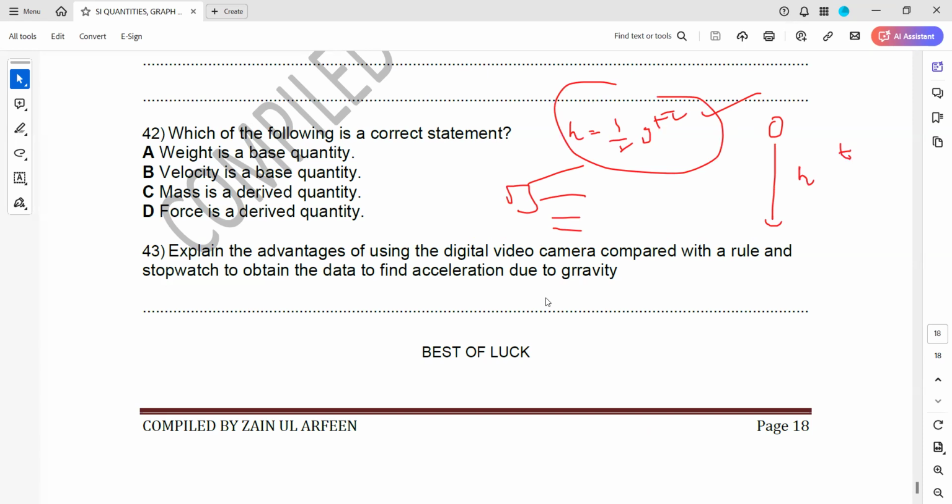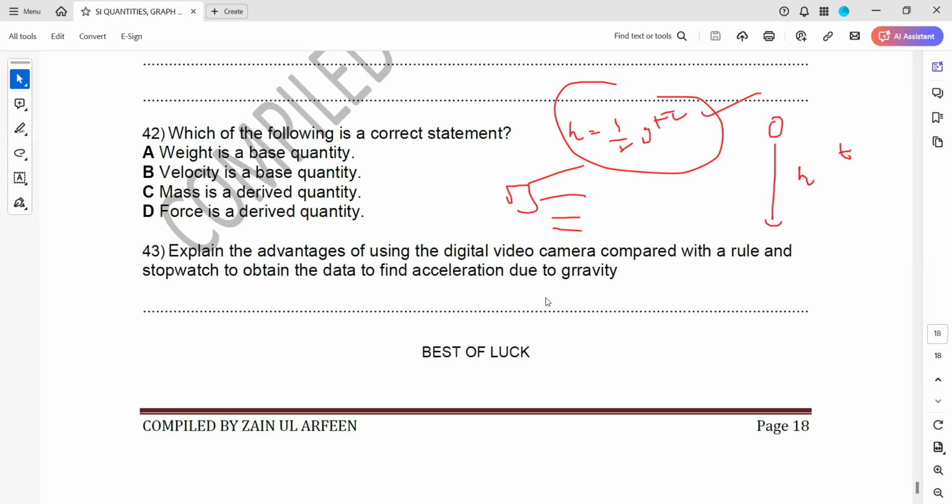So first thing, it will reduce the uncertainty, because you will have uncertainties in the measurement. With a digital camera, you can pause the motion of an object and you can zoom in, which reduces the uncertainty in the measurements. There will be no reaction time. It can be replayed, with no reaction time.